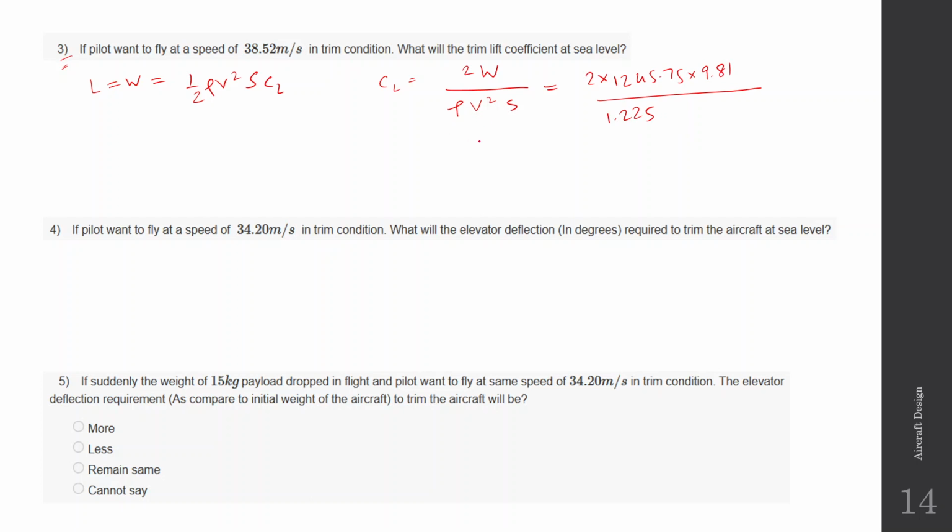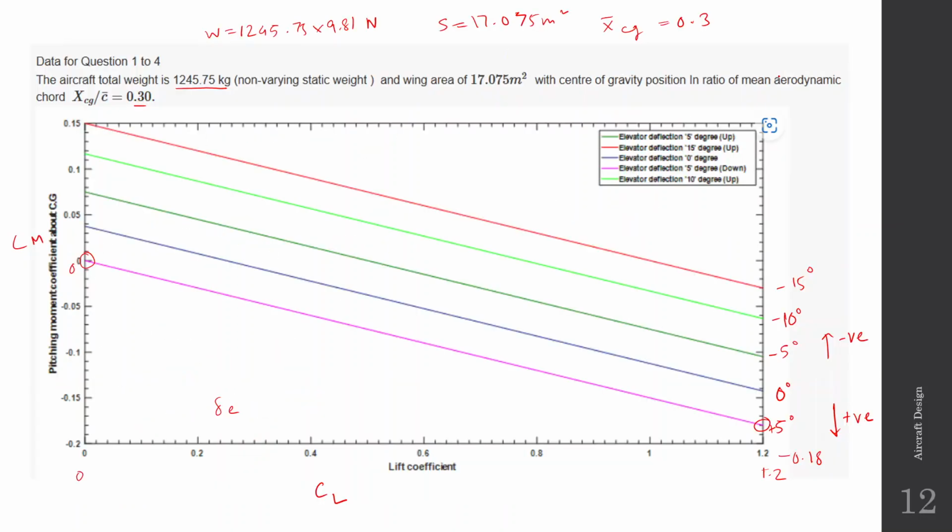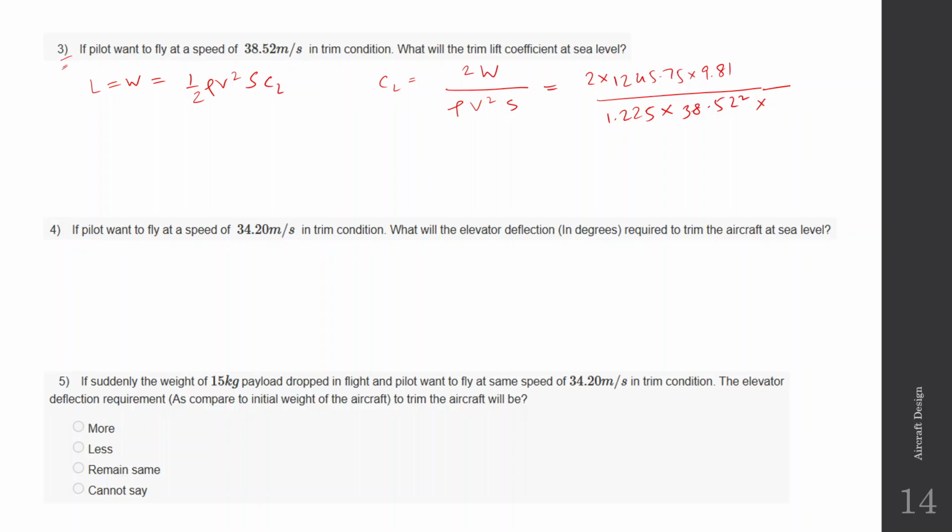Here I'm assuming that the aircraft is flying at sea level, so the rho is 1.225, and the velocity is given in the question, and the wing surface area is 17.075.